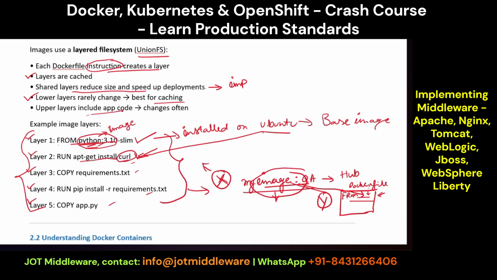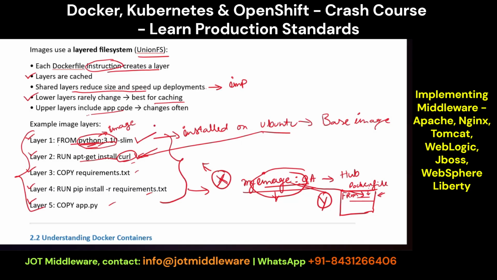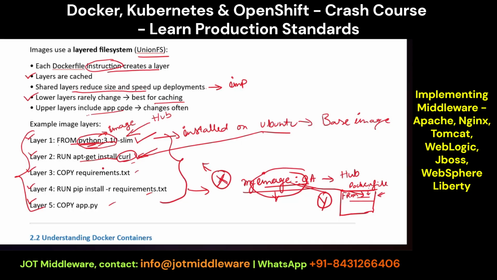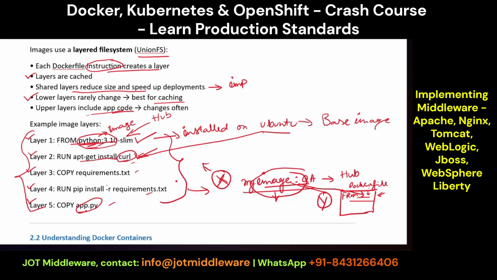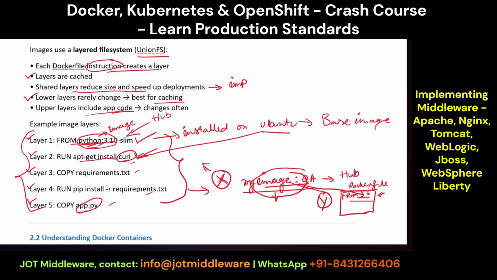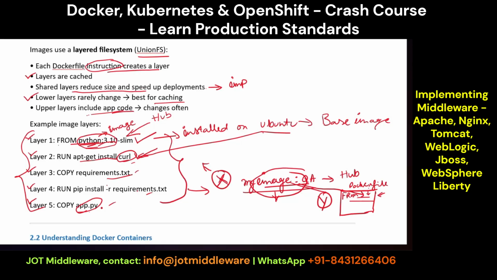And upper layers include app code. So here you see it is a top-down approach. You imported something from Hub, which is Python 3.10, and you added layers upon layers upon layers. Finally, you added application, some script. So this is your application code that actually runs. Let us say this is your application code or war file, and you are running this.